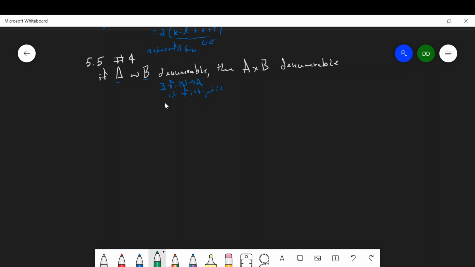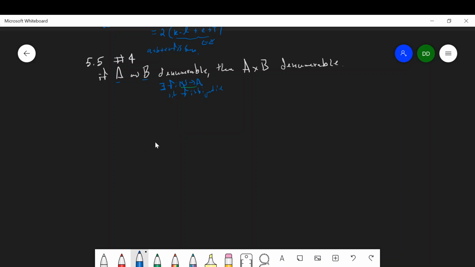If you watch the video for 5.5, I talk about how a bijective function from the natural numbers to A is the same thing as being able to list out the elements of A without repeating anything and exhaustively. Every element of A appears in the sequence somewhere, and no element of A is repeated.